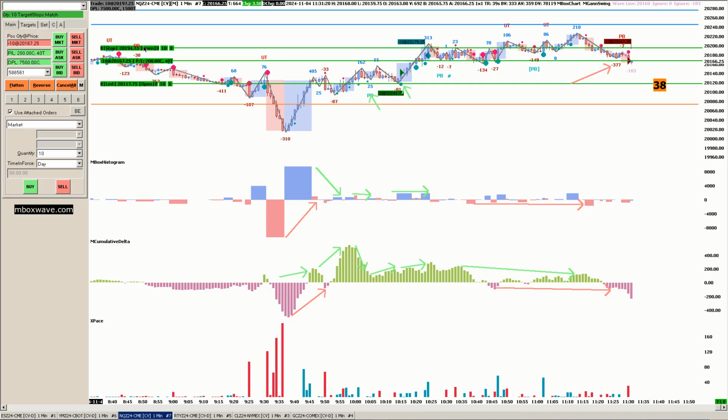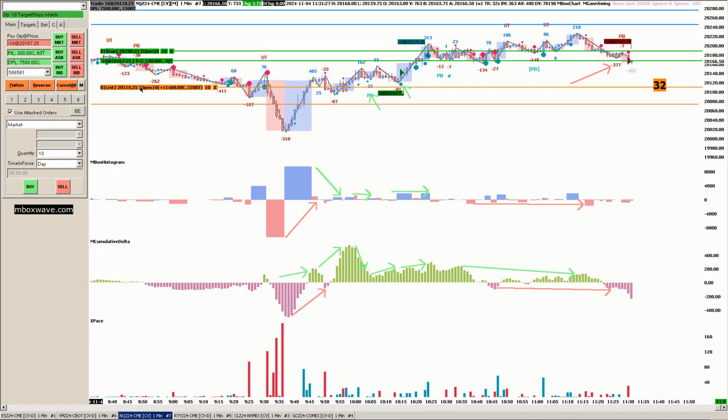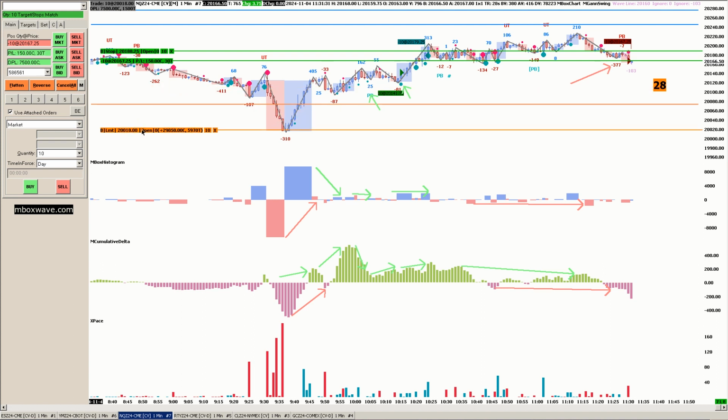All right, I need to figure out where I'm putting stops. I'll put it above this swing, and I'll just put it out of the way for now. Okay, this is exciting. So I saw this start to expand, the selling, so that gives me more confidence because we had the supply minus 377.